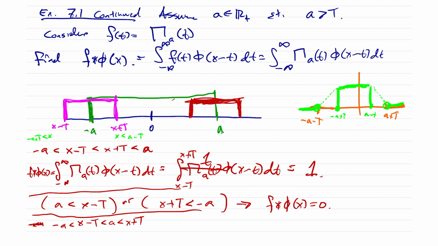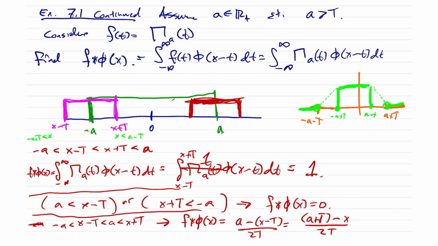So this gives us f star phi of x is equal to a minus x minus t, divided by 2t. And so overall, we're going to get a plus t minus x divided by 2t. And so you see you have sort of averaging going on.